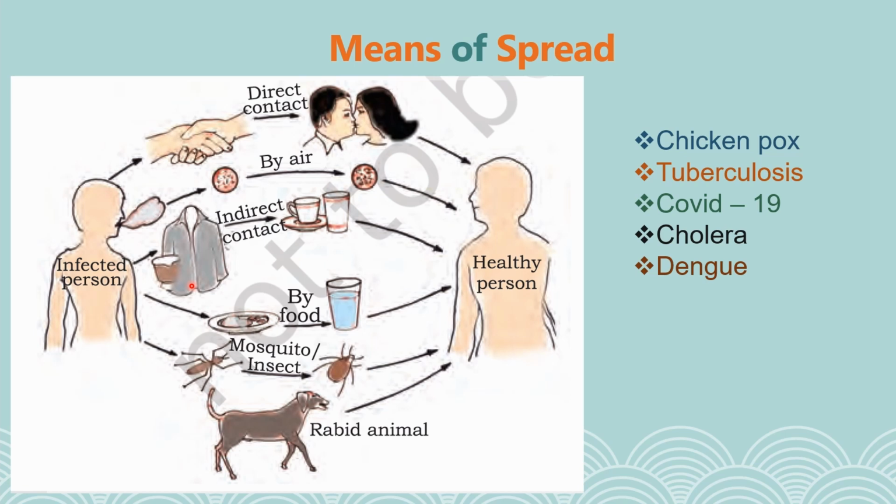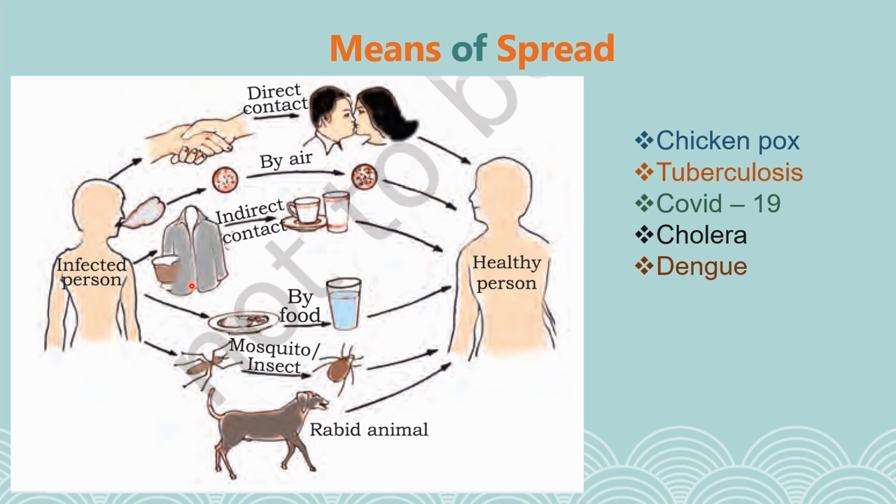Now lastly, that is a rabid animal, like a dog. Certain diseases can be transmitted through a rabid animal, not directly from an infected person to a healthy person. There are some viruses present in their body that can pass from those animals to a healthy person when we come in contact with that animal.